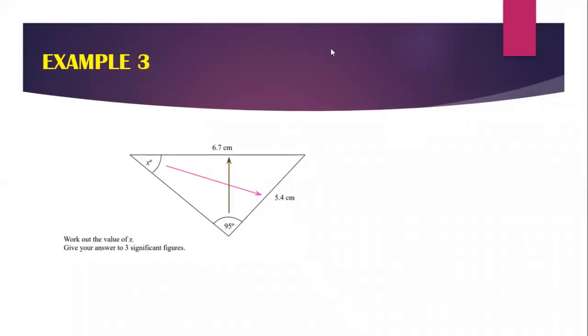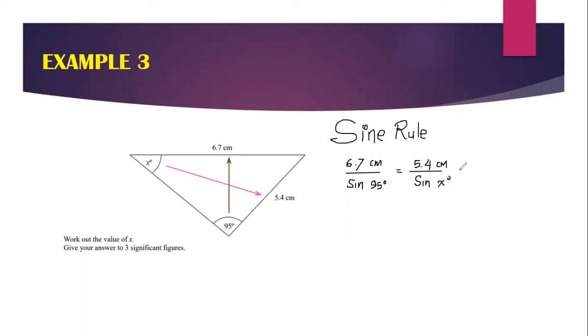For the sine rule, we got 6.7 centimeter over sine 95 degrees equals 5.4 centimeter over sine x degrees.